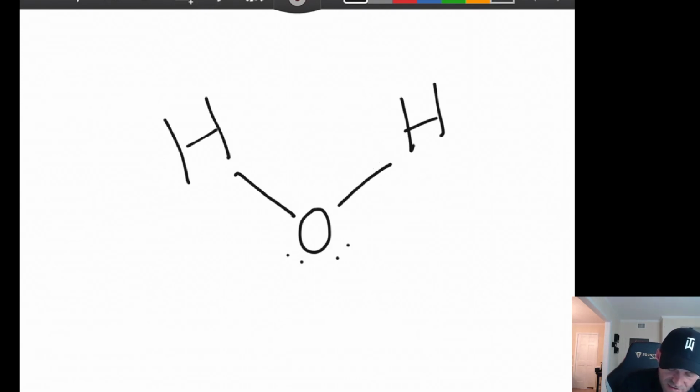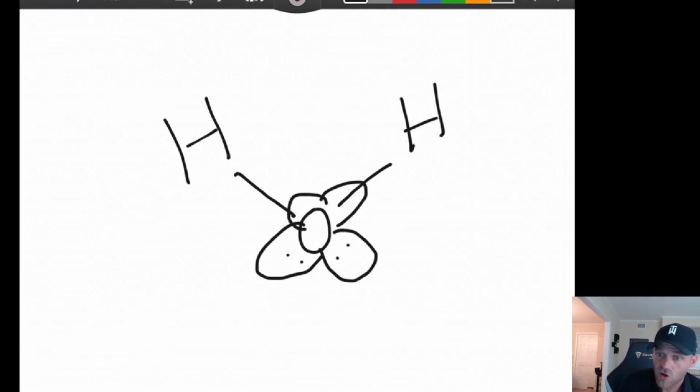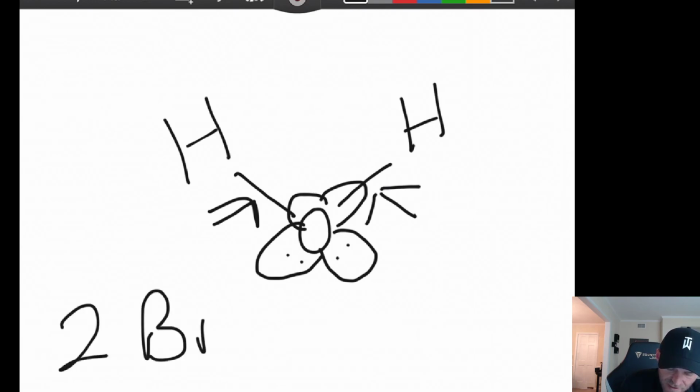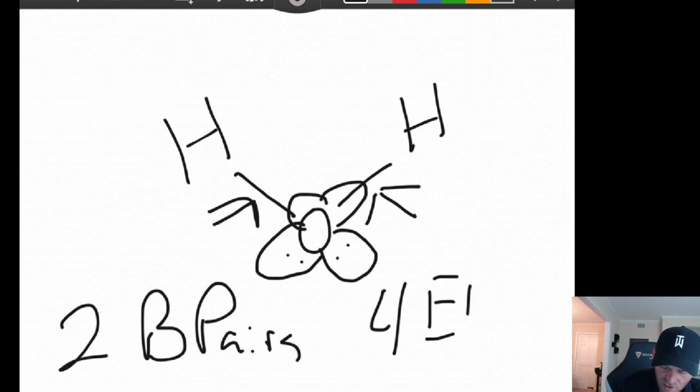Now the oxygen, on the other hand, has 1, 2, 3, 4 electron groups, as your other chart would say. I say electron domains. And then 2 bonding pairs, one there and one there. So 2 bonding pairs, or I'll just say BP, bonding pairs, and then 4 electron groups.